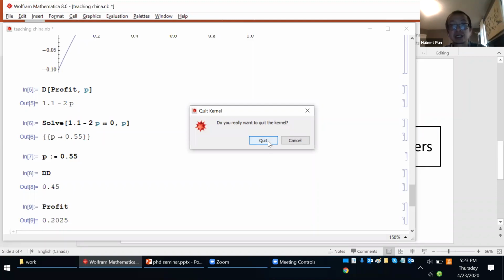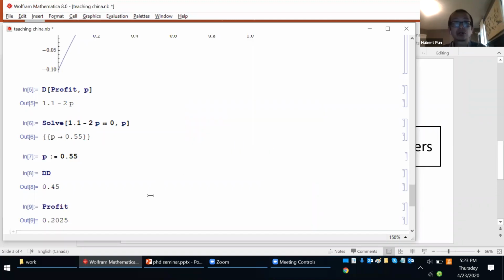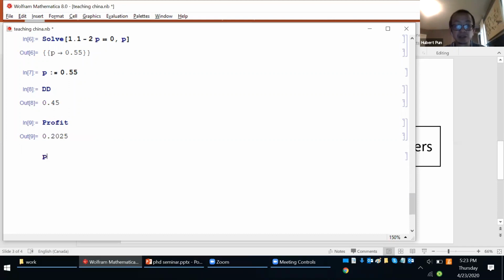And once I click quit, all the black ones now become blue. So for example, if I do P, shift enter right now, P doesn't mean anything. So earlier I defined P equals 0.55, but remember that somewhere here, I cleared the kernel. So therefore, right now, P is not anything, okay? And same with DD, so demand is also undefined.